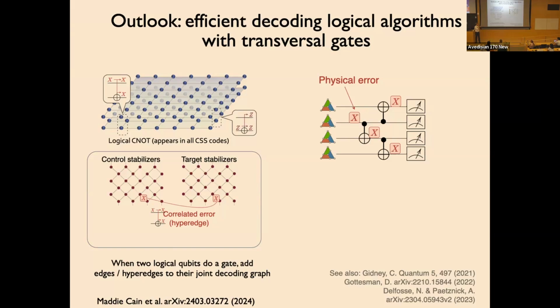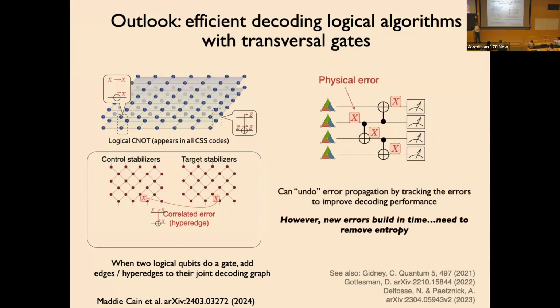So if you see an error in this qubit, and you know the circuit, you can figure out it probably originated from this error. You can just account for it. It actually turns out that you can effectively undo error propagation by tracking where errors occur. But of course, if these errors add up in time, that's the entropy.